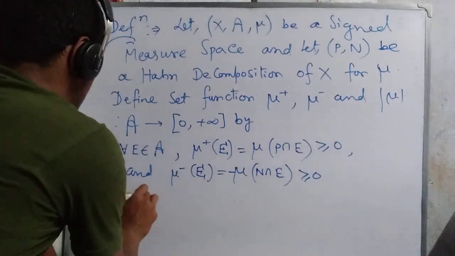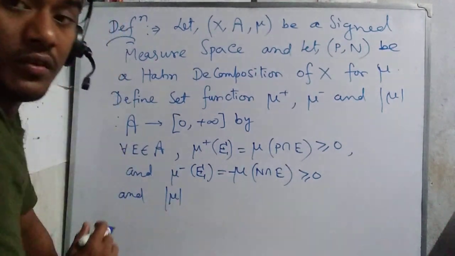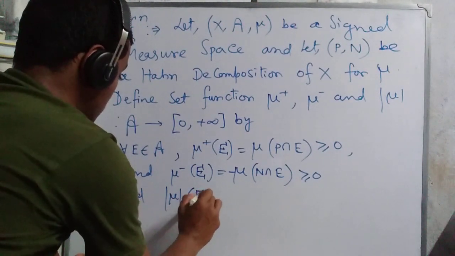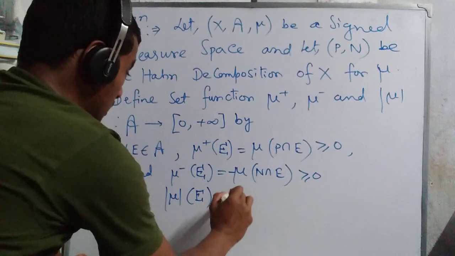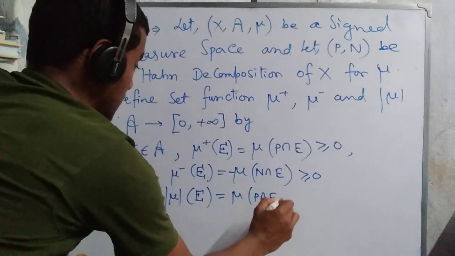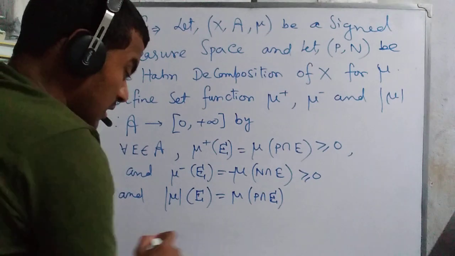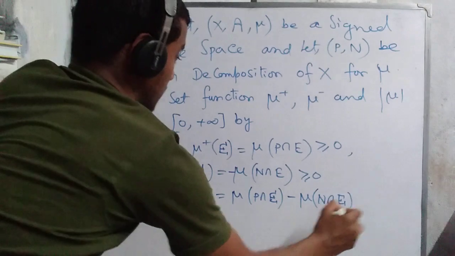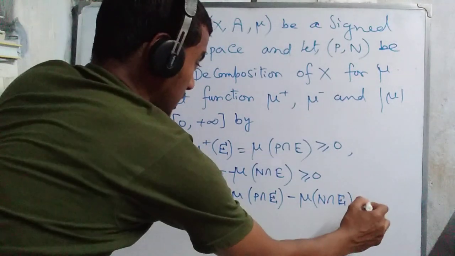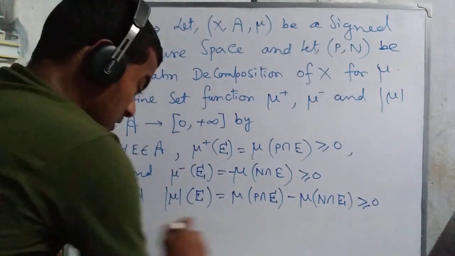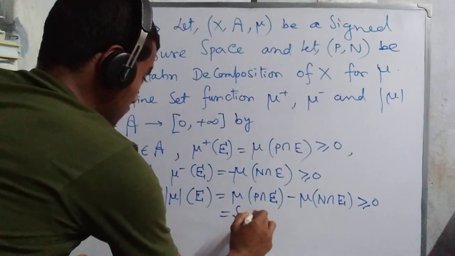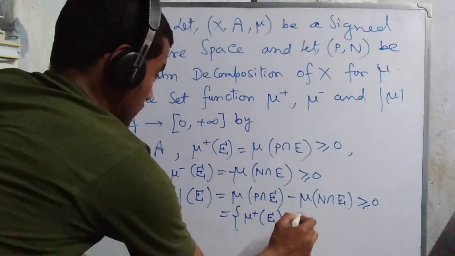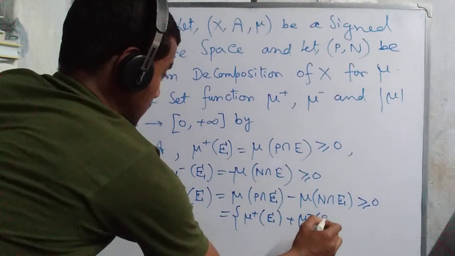And modulus of mu of E equals mu plus of E plus mu minus of E.